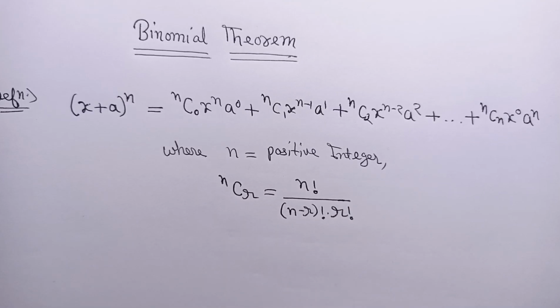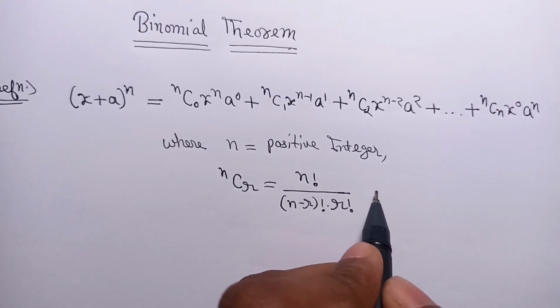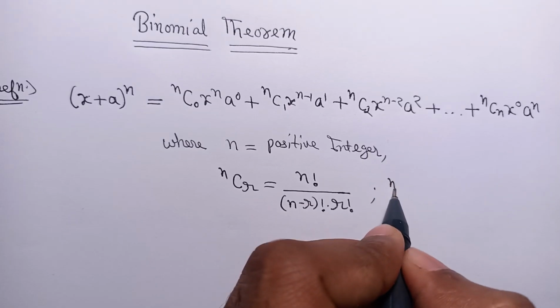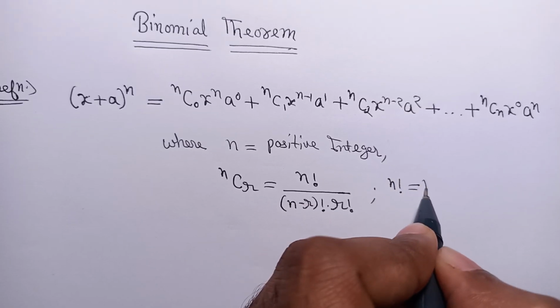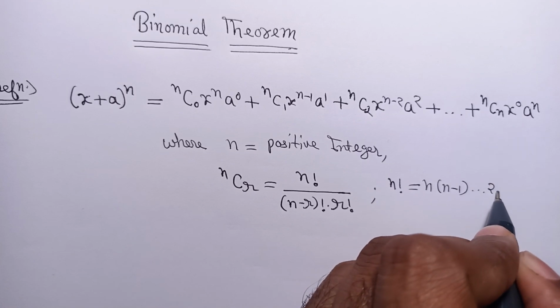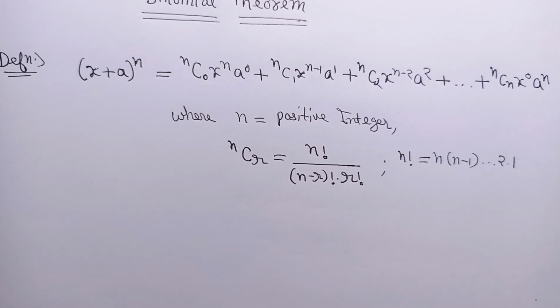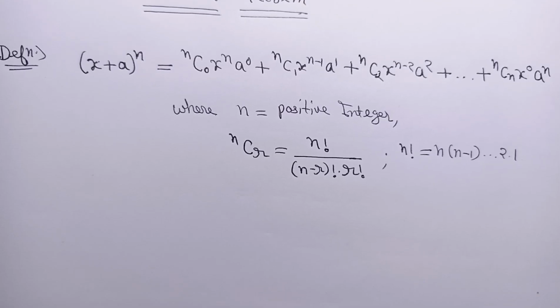So let's take an example of how to represent nCr. And talking about factorial, do you know factorial? n factorial means n into (n minus 1) up to 2 and 1. So let's discuss what n factorial and nCr are.